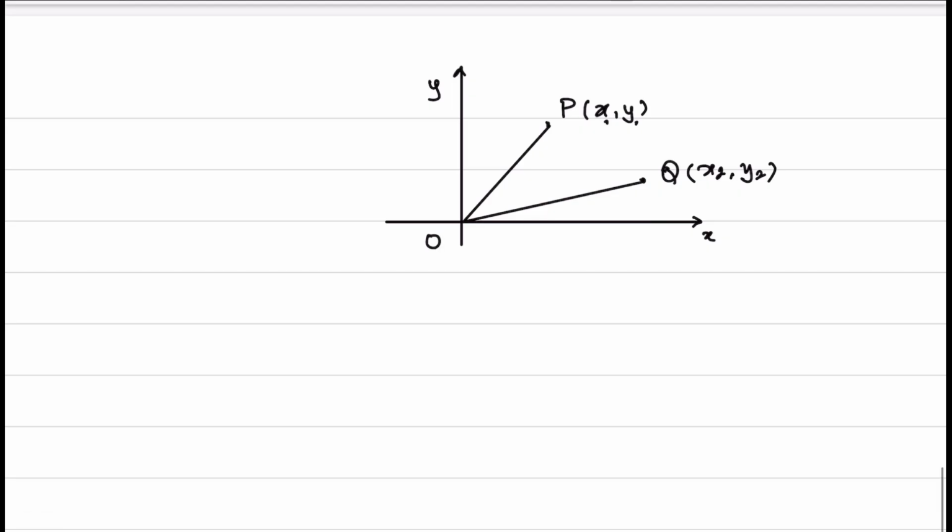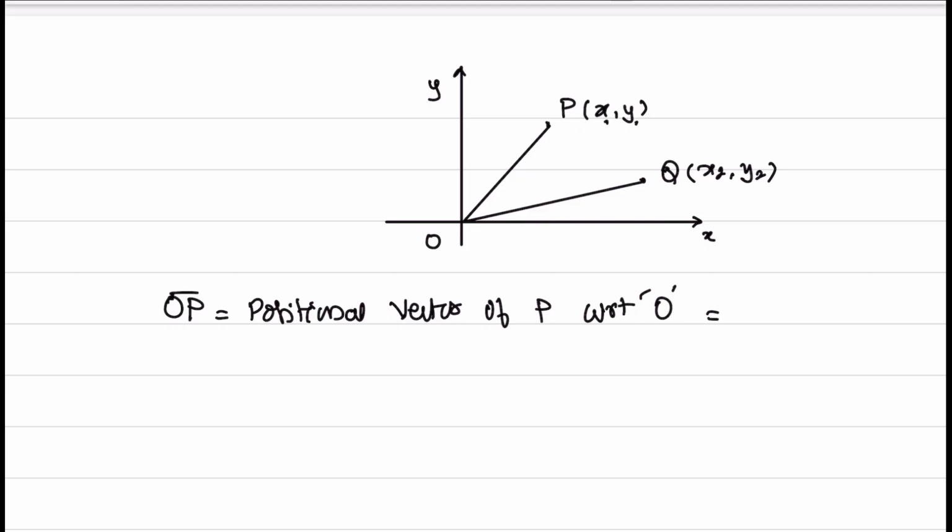This is O. I have told you already, OP bar is equal to the positional vector of P with respect to origin O. That is equal to x1 i bar plus y1 j bar.